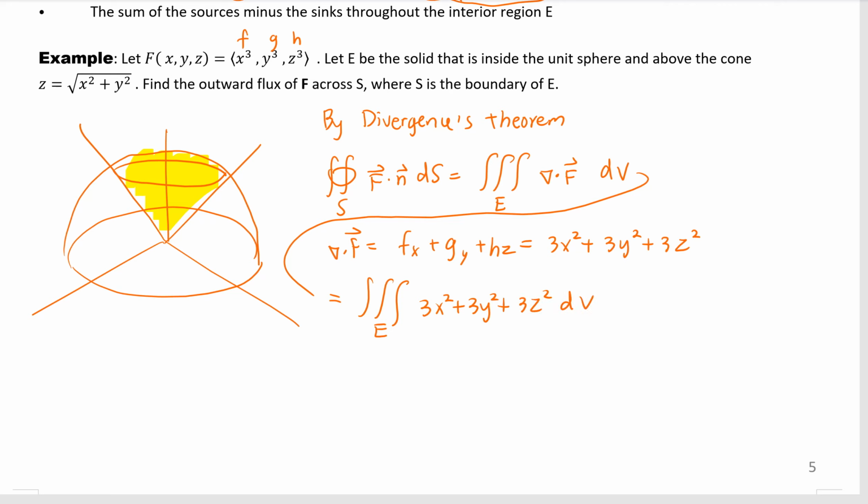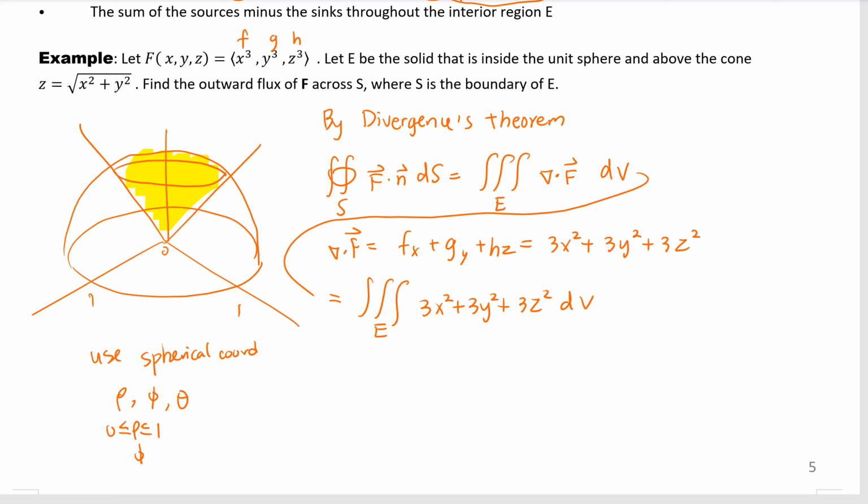Well, look at this region. It's great to use spherical coordinates, right? Because it's a sphere. So use spherical coordinates. Do you still remember what spherical coordinates are? We have rho, phi, and theta. And rho is from 0 to 1, right?